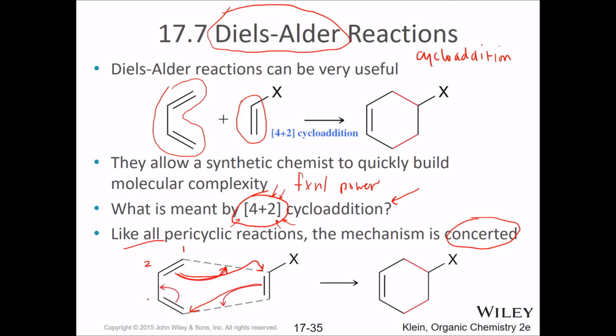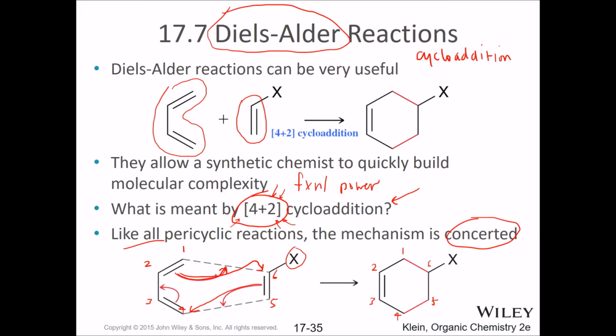1, 2, 3, 4, 5, 6. You see this halogen was bonded to this carbon 6, and the halogen is still bonded to carbon 6, of course.